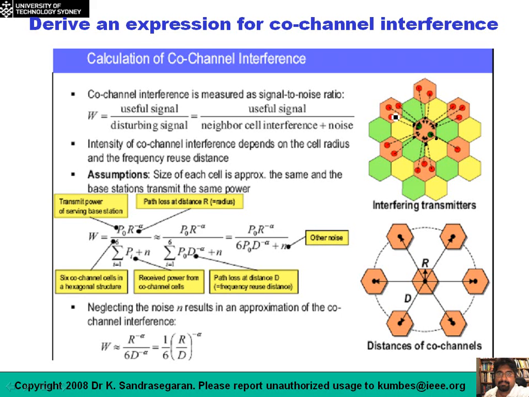In that case, the power that is received from the base station is P0, the power transmitted by the base station, times R to the power minus alpha.